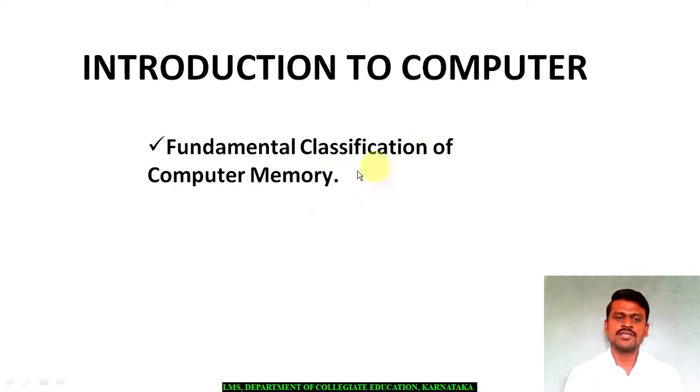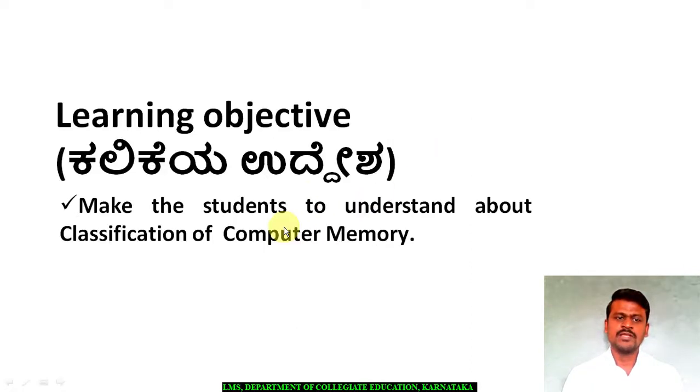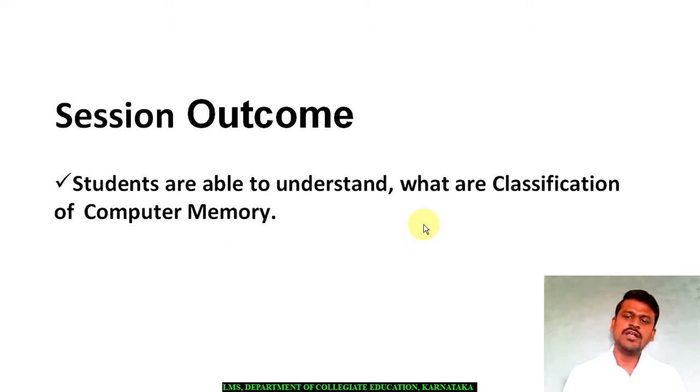So in this class we are going to learn about the classification of computer memory and how they are divided, right? At the end of the session you will know how they are divided based on primary or secondary memory, how they work, and what the characteristics of each memory unit are, right?